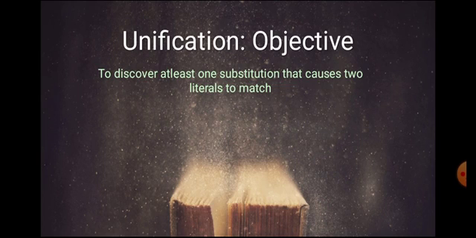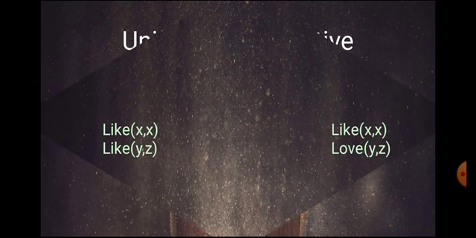The objective is just to discover at least one substitution that causes two literals to match, because when we try to find a contradiction, we first need to match the literals and only then can we find the contradiction.